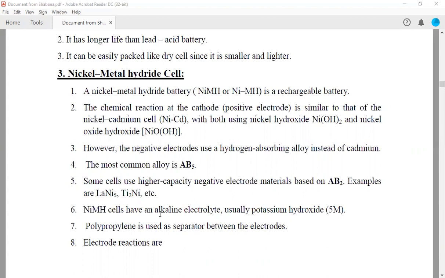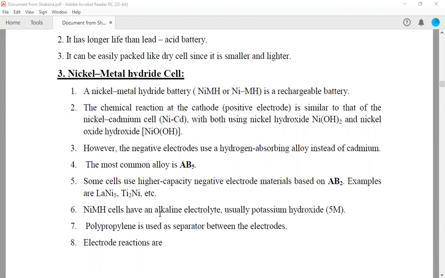Here in the metal hydride, the name itself indicates that a hydrated metal will be used. So a hydrogen absorbing alloy with the general formula AB5.